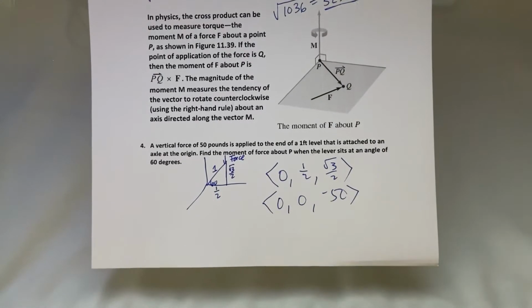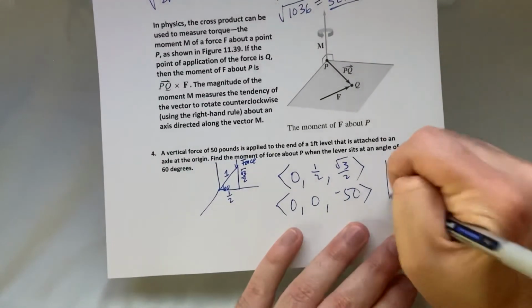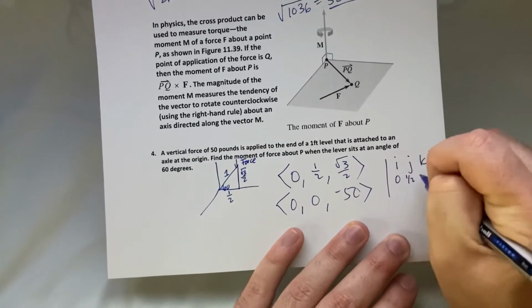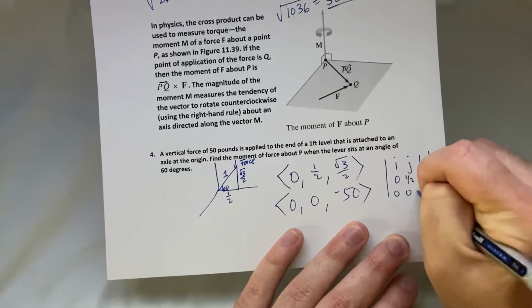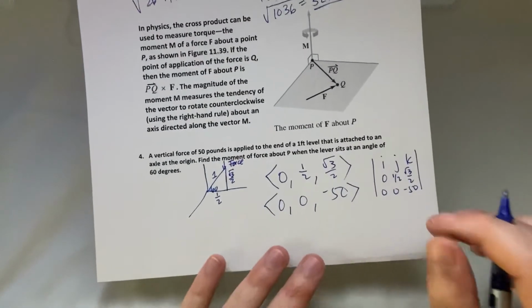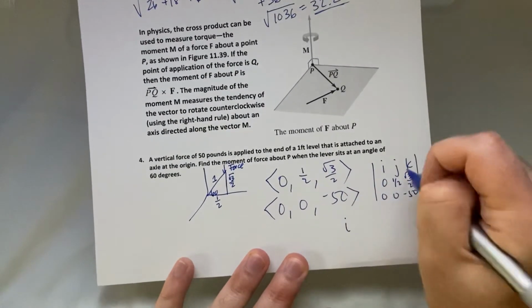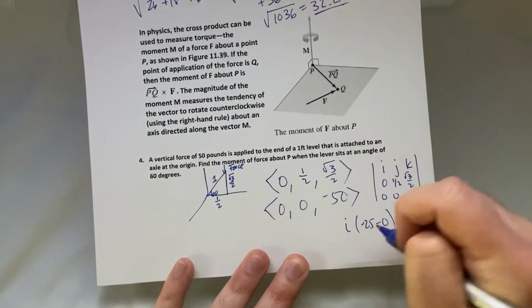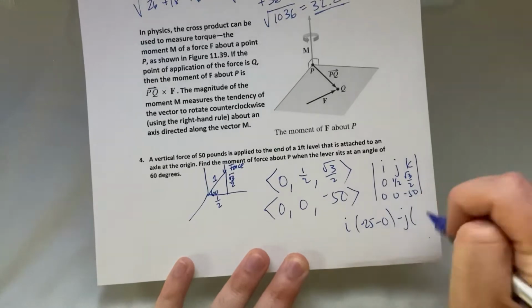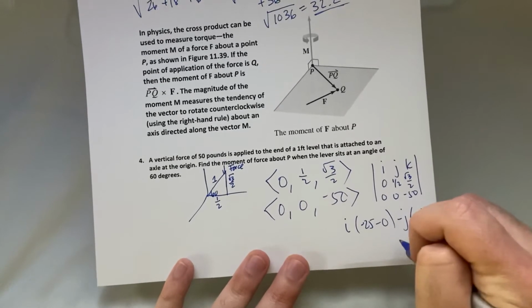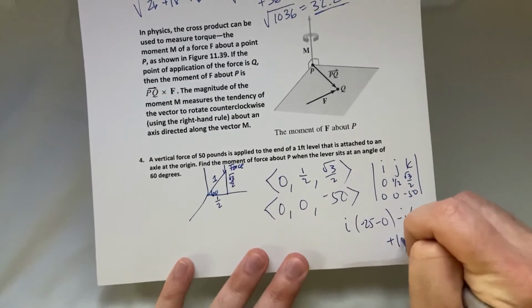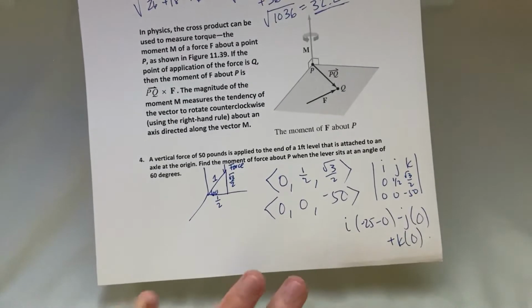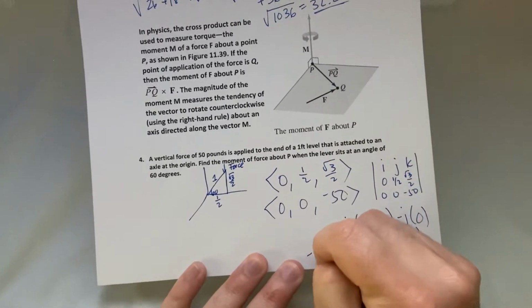So if we find the cross product of those, we get i times -25 minus 0, minus j times 0, plus k times 0. We should get -25i.